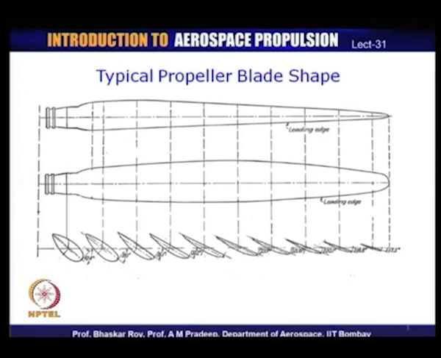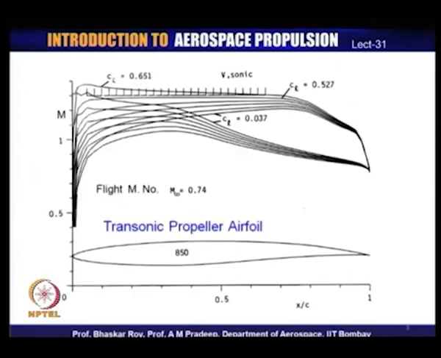I will quickly show you a propeller aerofoil which is meant for transonic applications. Now, this is the kind of transonic propeller aerofoil which is used these days. It can be used at a flight Mach number close to, let us say, a high subsonic flight Mach number, and during such a high subsonic flight Mach number, the flow over the aerofoil, as we see here, can go supersonic.